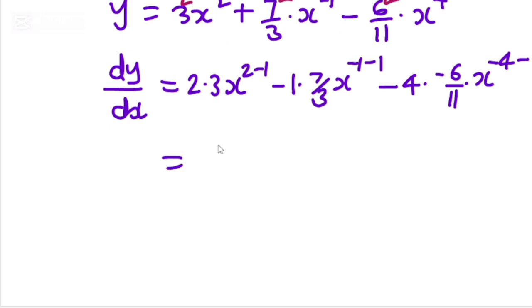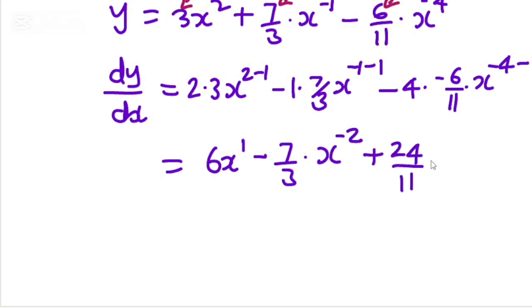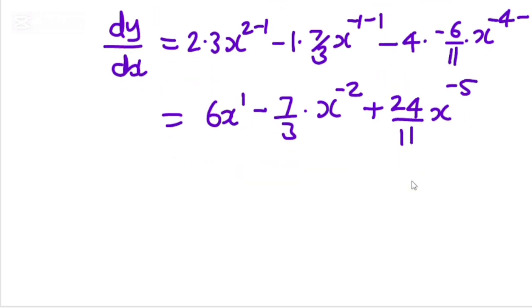So here we have 2 times 3, which is 6x to the power 1. The negative 1 times 7 over 3 is negative 7 over 3 times x to the power negative 2. Then negative 4 times negative 6 is positive 24 over 11, then times x to the negative 5th power, because negative 4 minus 1 is negative 5.